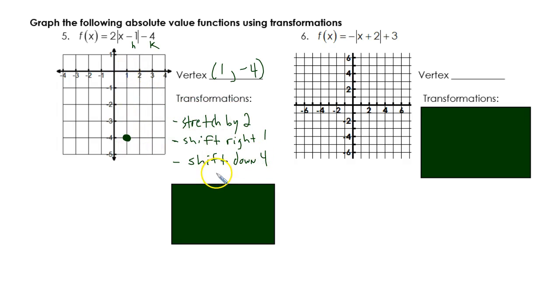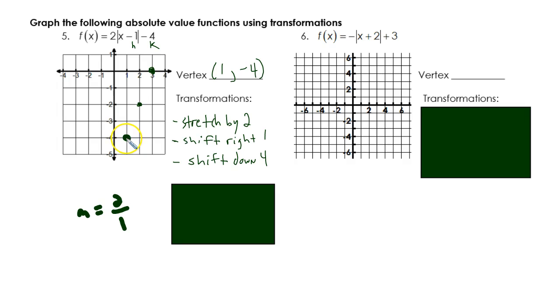Now, the stretch is going to tell us the slope of the 2 lines that we're going to use to form our absolute value function. The slope is 2, or 2 over 1. So you can think of the slope as 2 over 1. So we're going to go up 2 over 1.